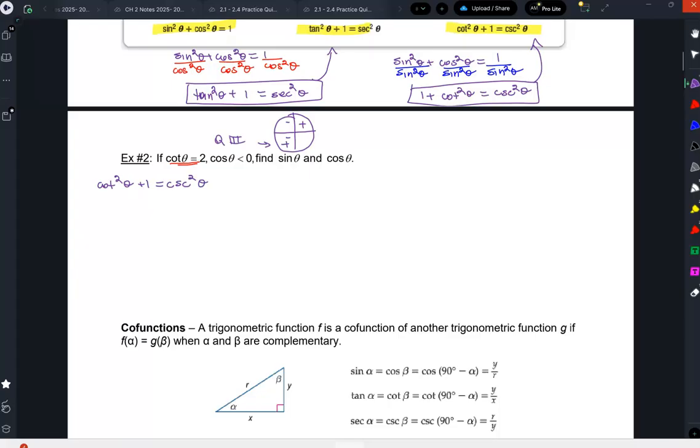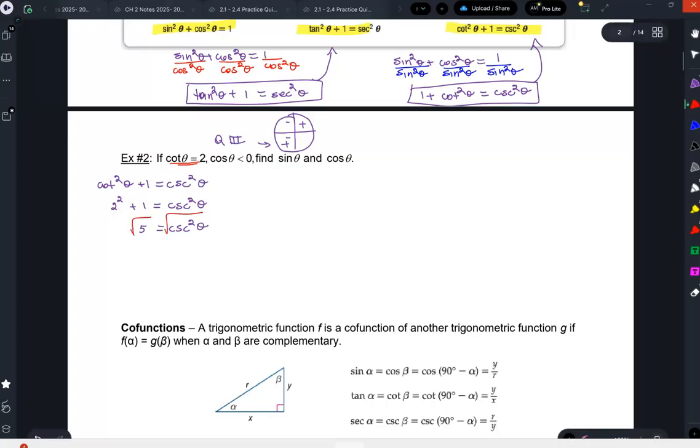Cotangent is 2, so 2 squared plus 1 is cosecant squared theta. So this is 5 equals cosecant squared theta.